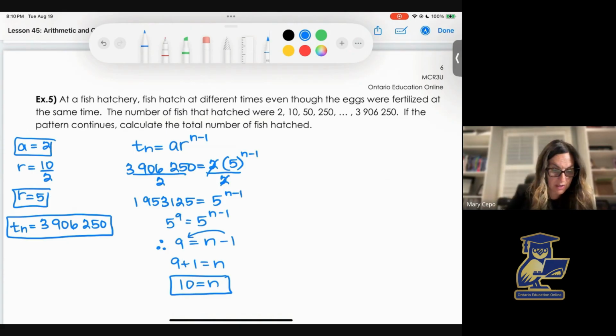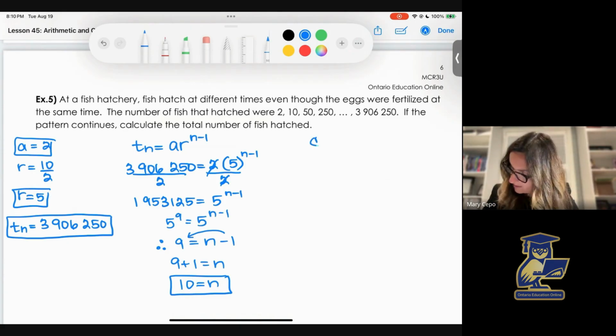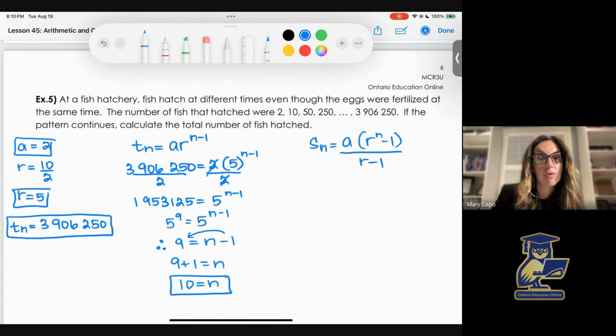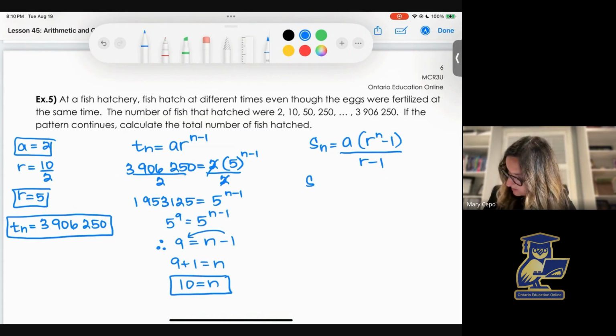Okay. So we then take S n is equal to a times r to the exponent of n minus 1 all over r minus 1. So in order to determine the total number of fish hatched, we know S at 10 is equal to the first term, which is 2, times that common ratio, again, of 5 to the exponent of 10 minus 1 all over 5 minus 1.